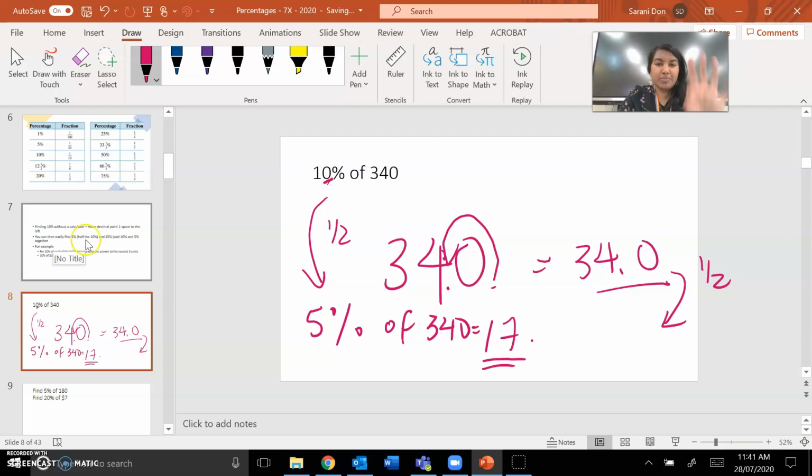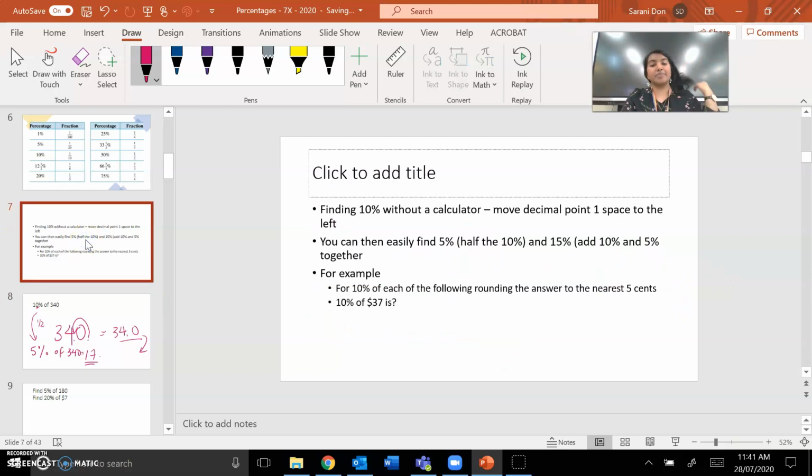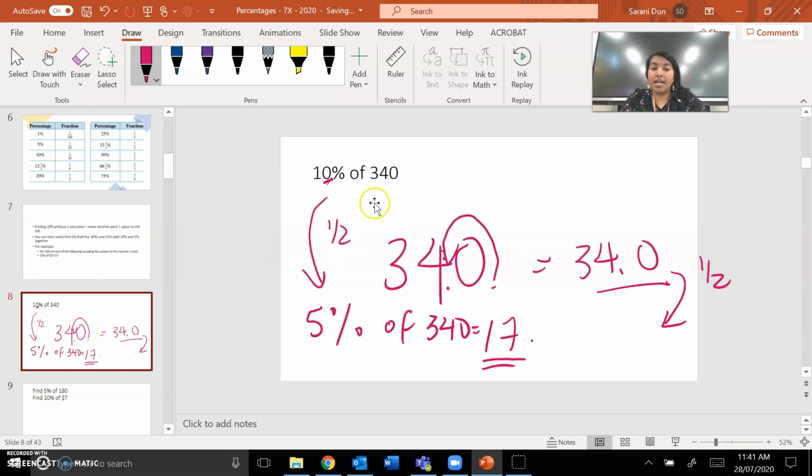I know it looks a bit messy here, but let's just go back to these notes. So you can then easily find 5%, half of 10, and 15%. If you wanted 15%, what you need to do is add the 10%. We know the 10% is 34. We know that the 5% is 17 because we've halved it.